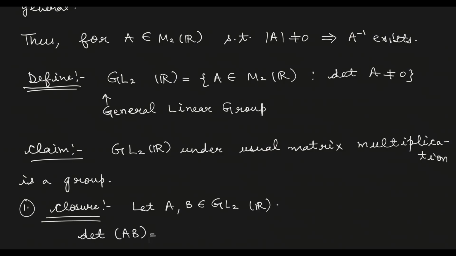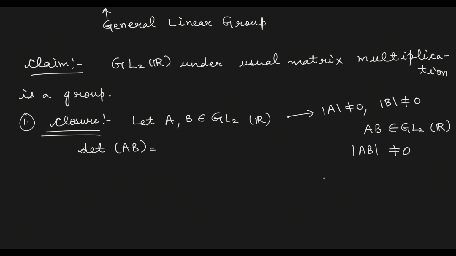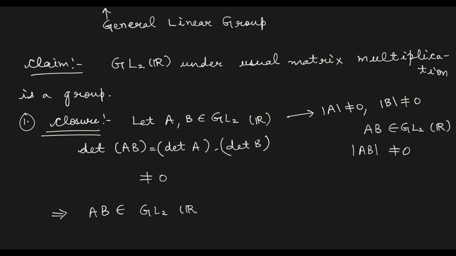Now if A and B belong to GL2R, it means determinant of A is non-zero, determinant of B is non-zero. And if I want to prove that AB belongs to GL2R, I need to show that determinant of AB is non-zero. Now the property of determinant is: determinant of AB is determinant of A into determinant of B. Determinant of A is non-zero, determinant of B is non-zero, so this is non-zero. So AB belongs to GL2R.